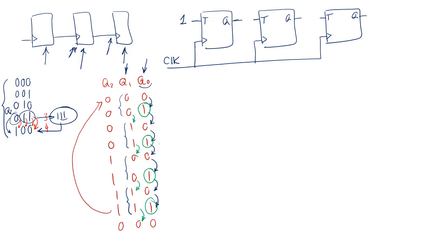for the next row I have a toggling. So it means that Q1 toggles at the positive edge of the clock if, and that's the important thing, Q0 is 1.